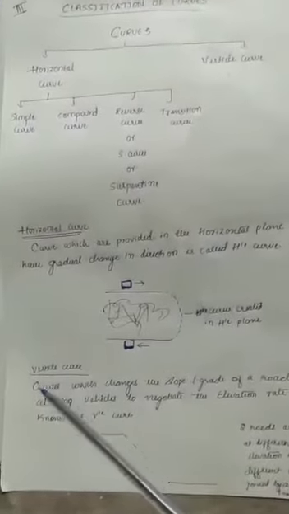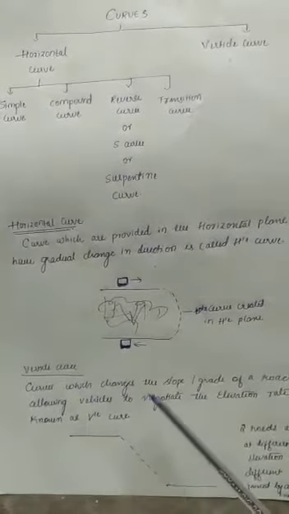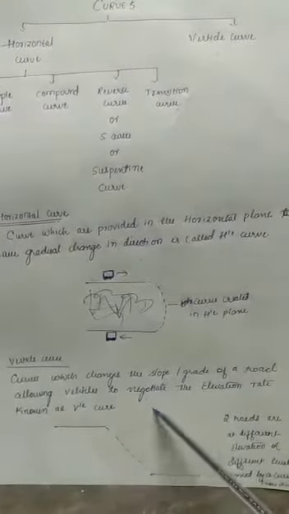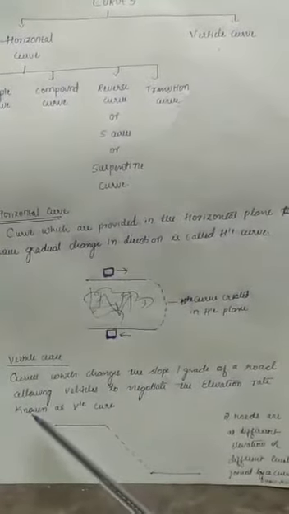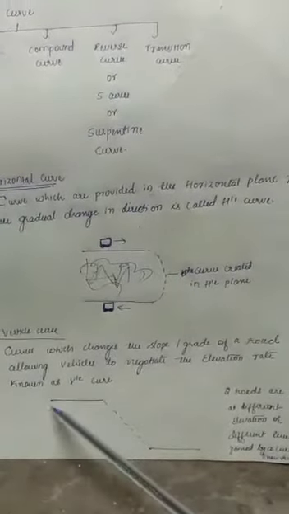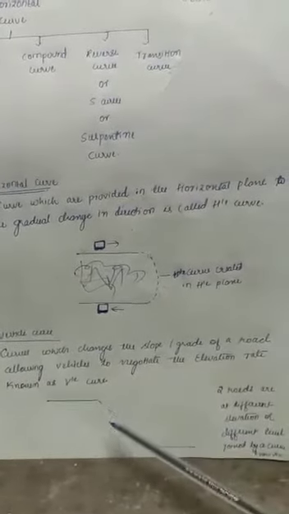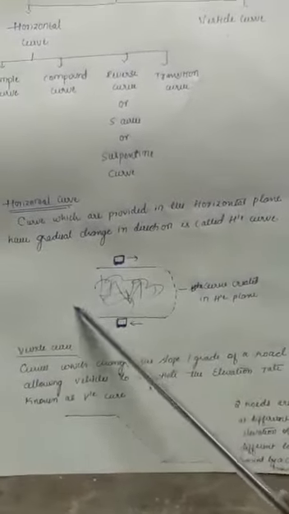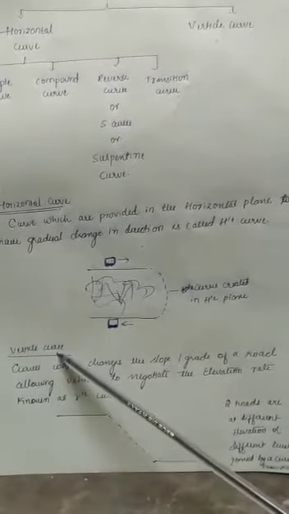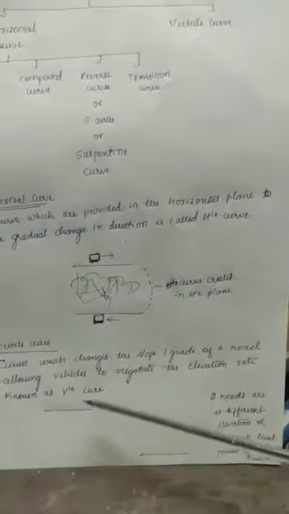Coming to the next one, that is the vertical curve. Curves which change the slope or gradient of a road, allowing vehicles to negotiate the elevation rate, are known as vertical curves. For example, this is one pathway and this is one more pathway, which means this is a horizontal curve which you can see from the top view. But the vertical curve you can identify only from the side view.